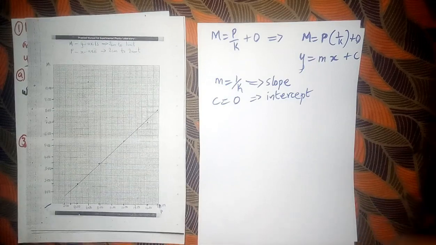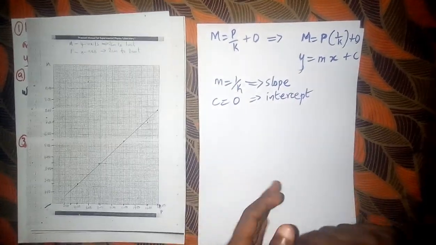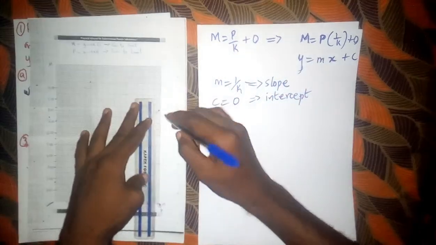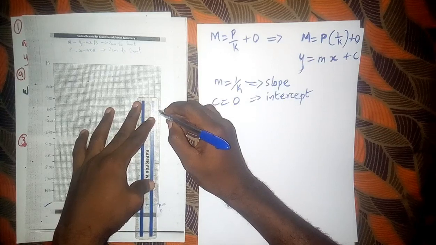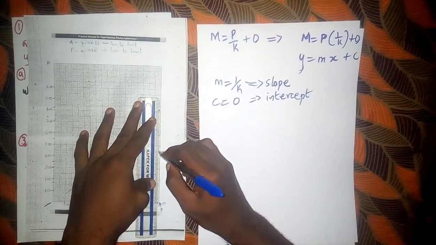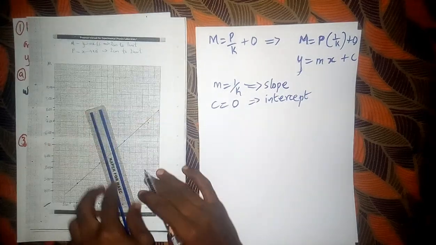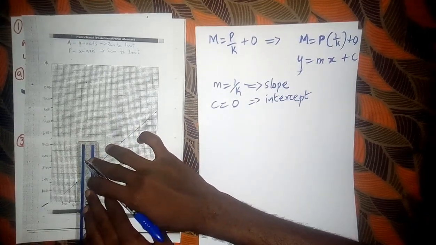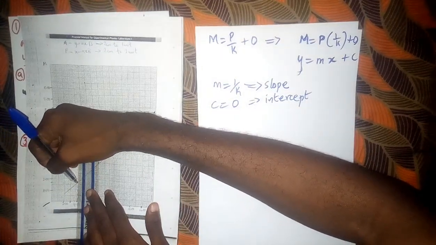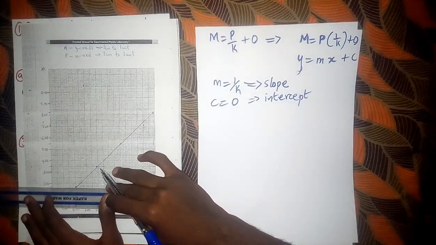Now if we pick from here to here, I'm just doing this as what you are going to do on a graph. You should know how to draw a graph, or your friends can help you with that.